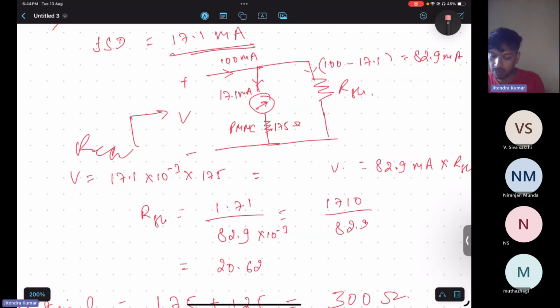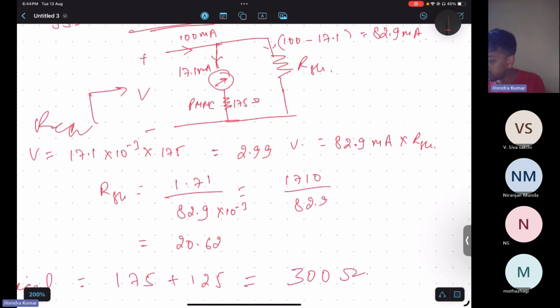And 175 into 17.1, 2.99 volt. So 36 ohm is coming as the answer for that shunt resistance of the meter.